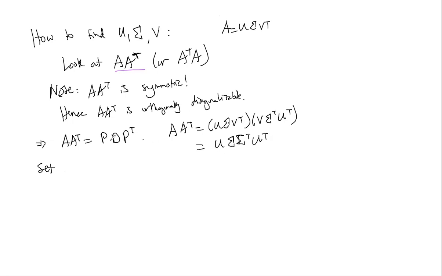And so you just set U equal to P, and D is going to be the square of sigma. Because this thing is, let's say, sigma 1 through sigma R, times sigma 1 through sigma R, you just get sigma 1 squared through sigma R squared, and then some zeros.